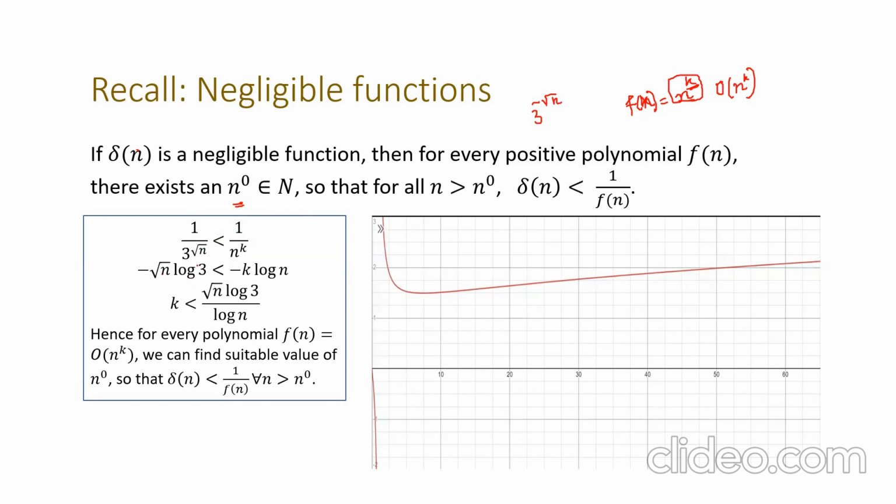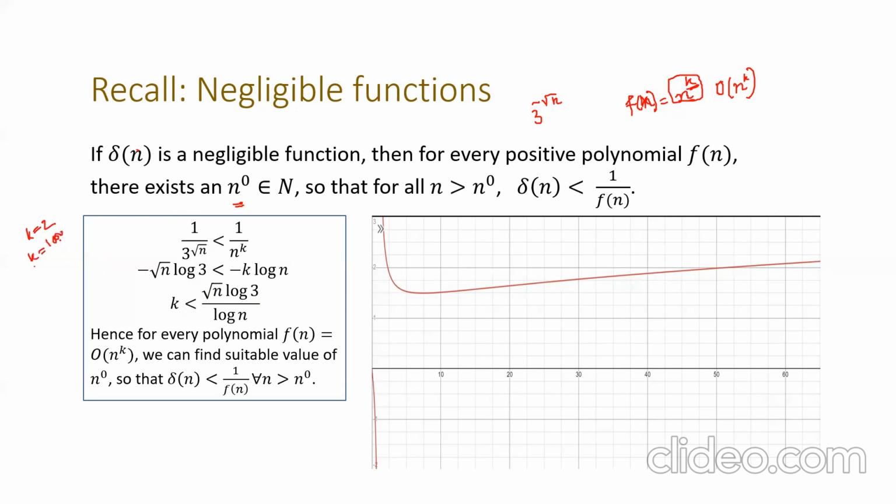Taking log on both sides, you get minus root n log 3 less than minus k log n. You remove the minus symbol and you get k is less than root n log 3 by log n. Now, k is some constant value. You can take k to be 2, you can take k to be 1000 also.